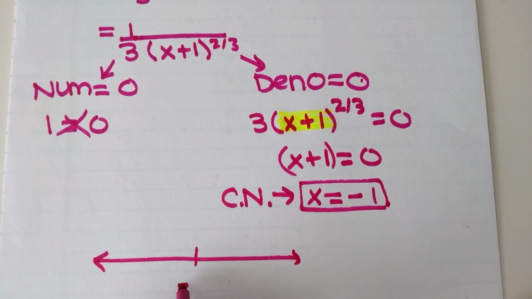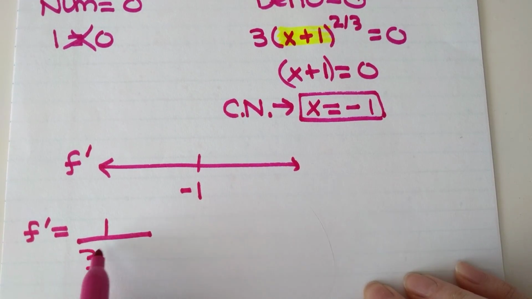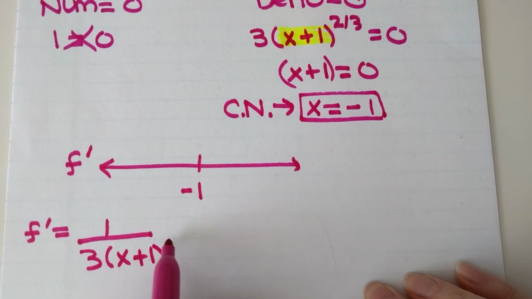Now, there is one observation that is really helpful to make here. If you look at your derivative as it is written before you set everything equal to 0, it is 1/3 times x plus 1 to the 2/3 power.